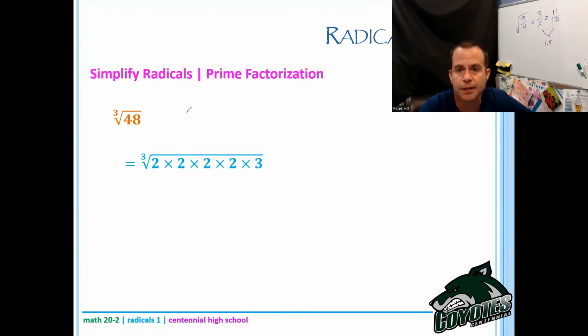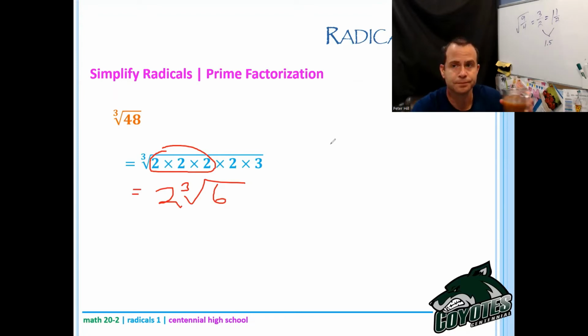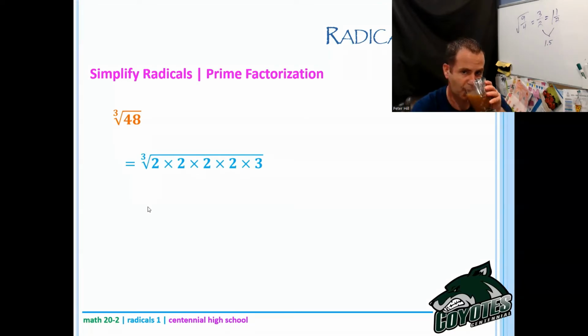And then I've got 1 set of 3 here that can come out to be a 2. That was a really bad 2. And then what am I left with? 2 times 3, so that'll be 6. Don't forget your cube root there. Super important.